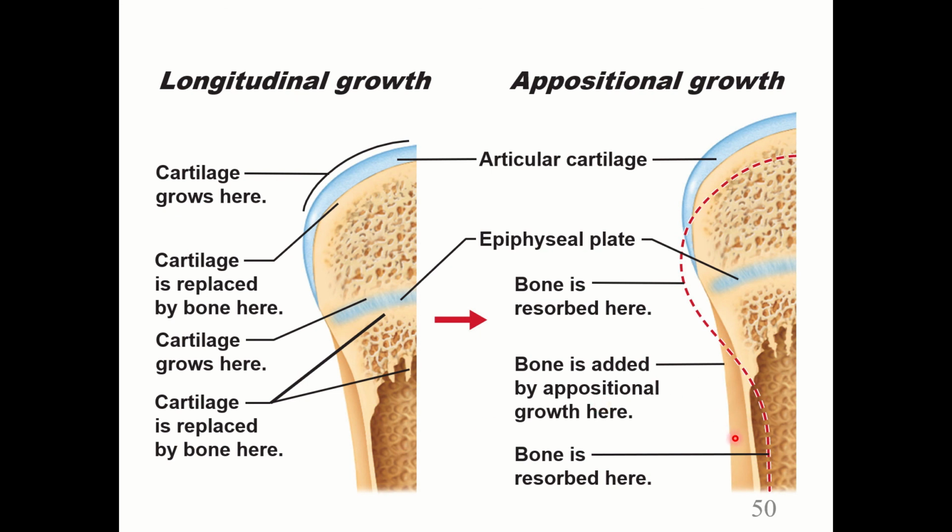For appositional growth, the osteoblasts in the periosteum will be depositing the external circumferential lamellae, while osteoclasts in the endosteum will be reabsorbing bone so that the bones don't become too thick and heavy, and that will widen the medullary cavity as the bone increases in length.